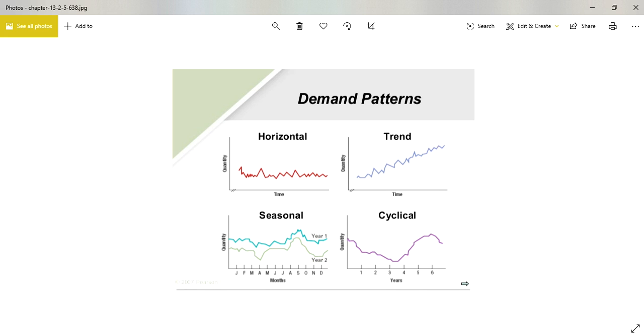And this is the seasonal one. What do we mean by seasonal? We are not meaning seasons like summer, spring, autumn and winter.